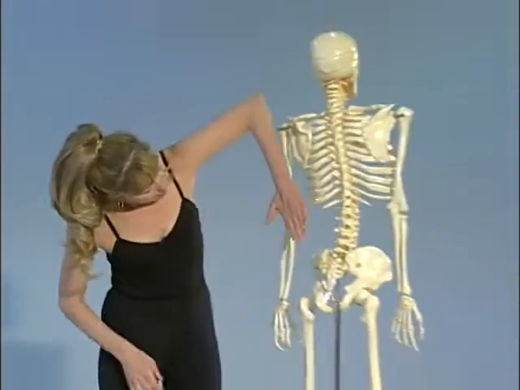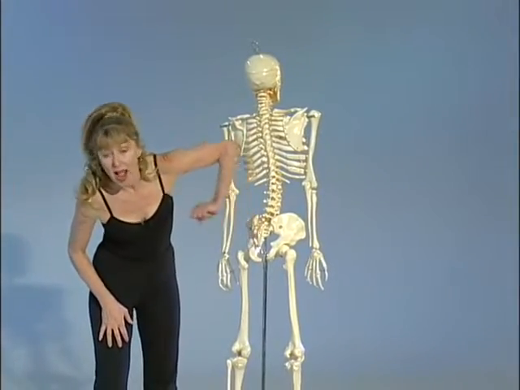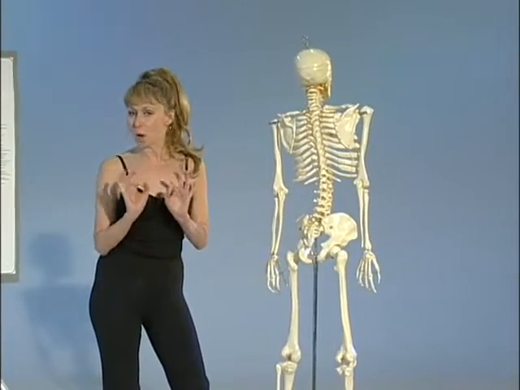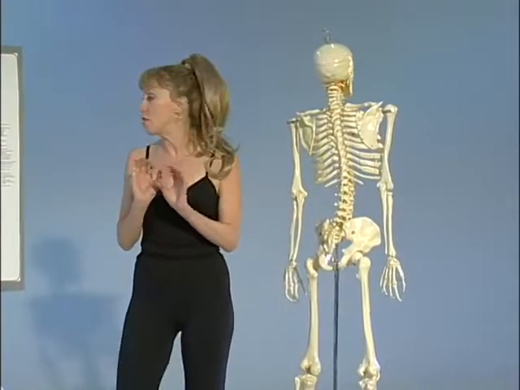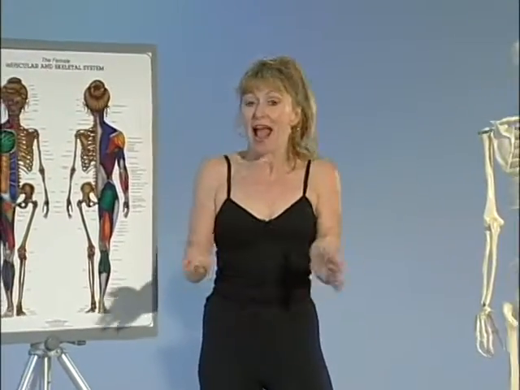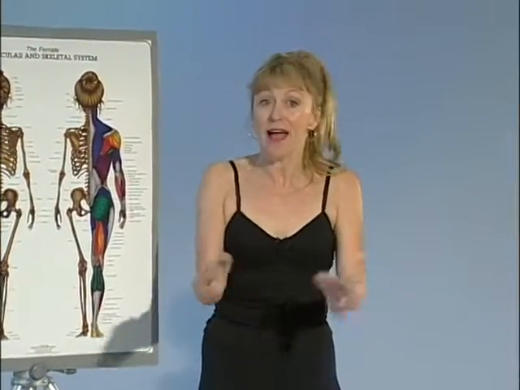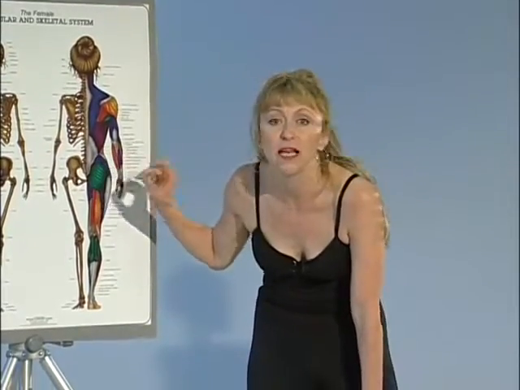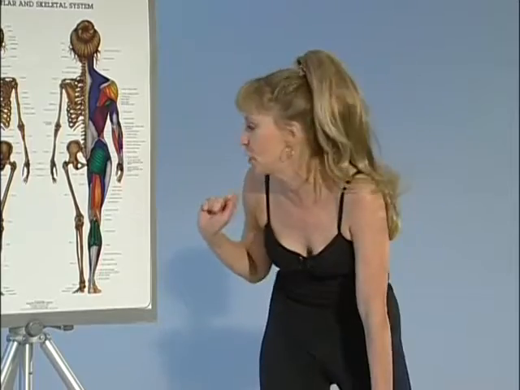So if we have some fibers going this way, other fibers go this way. And those two muscles, the maximus and the medius glute, they have very specific jobs that we need for our turnout and our adduction and abduction and our medial and lateral rotation.